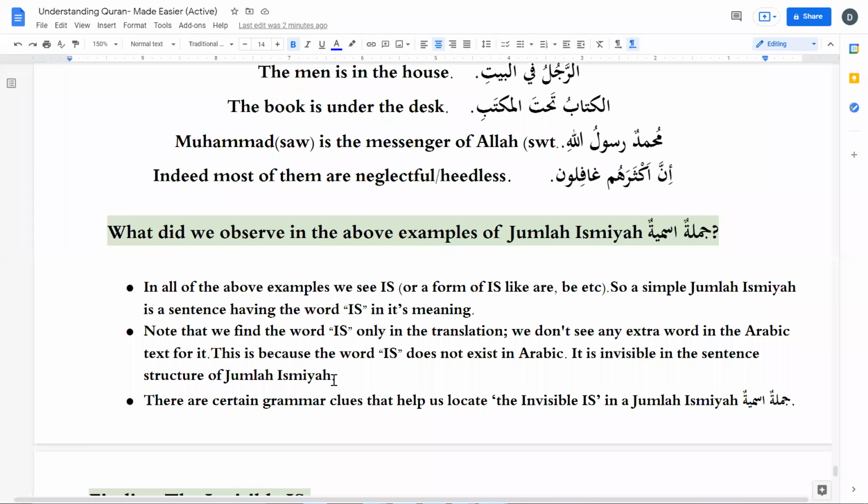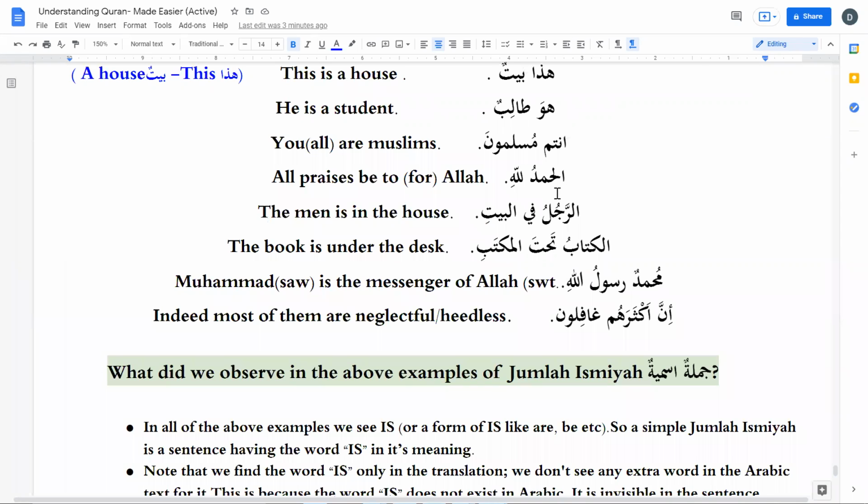If the structure of the sentence is like the Jumlah Ismiyah we just discussed, A, B, C, mubtada, khabar, mutaliq bil khabar, or any other form of this combination, sometimes A, B, C, sometimes only A and C. Ar-rajulu is A, the mubtada, and fil baiti is jar majroor, which is MBK, right?